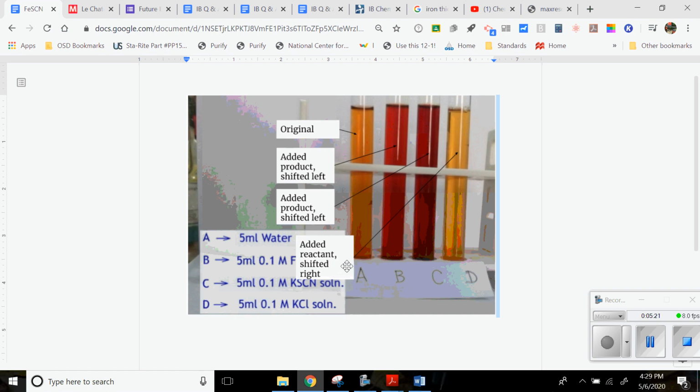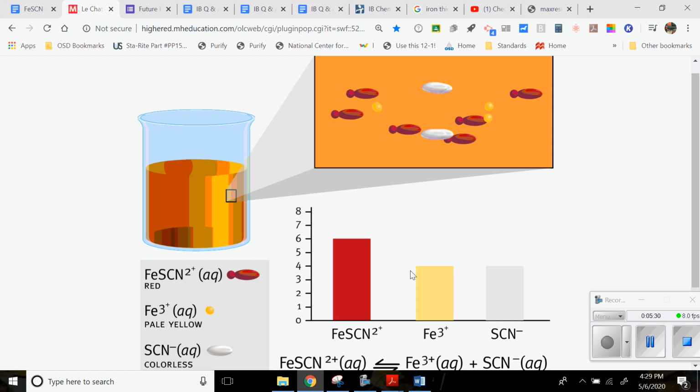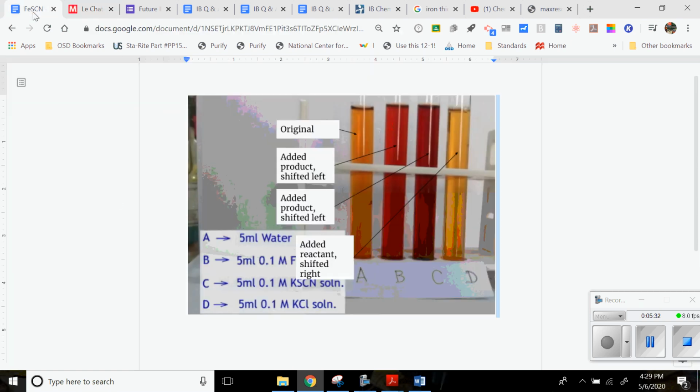And then the last one, I added more reactant, and therefore the equilibrium shifted to the right. So I added more of this to get more of this. So that is what happens when we change the concentration of reactants and products.